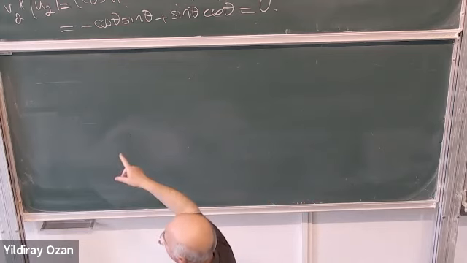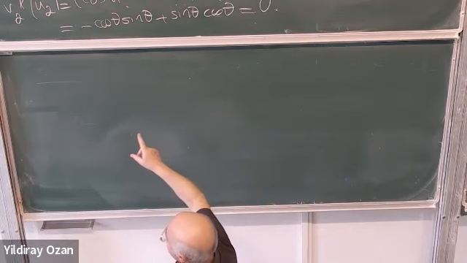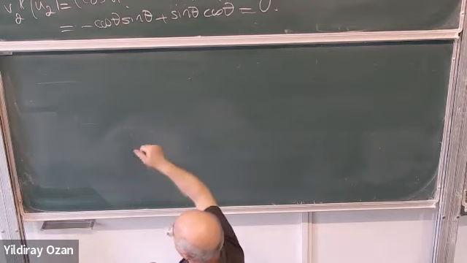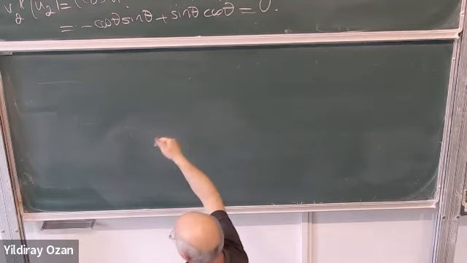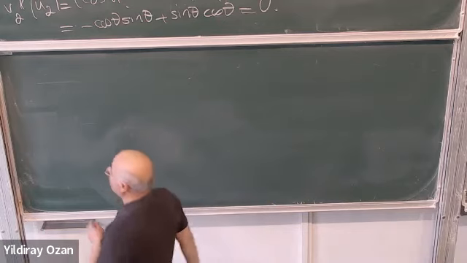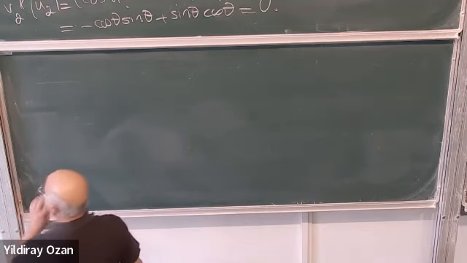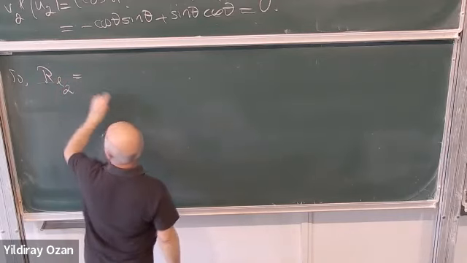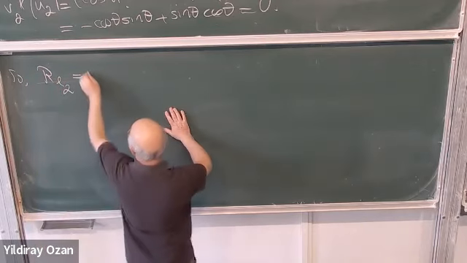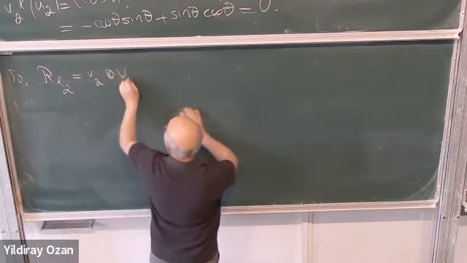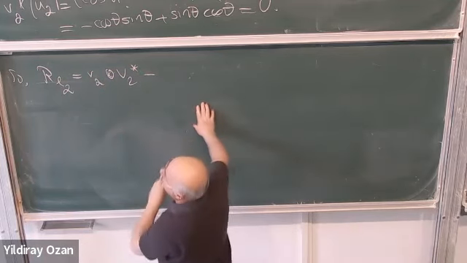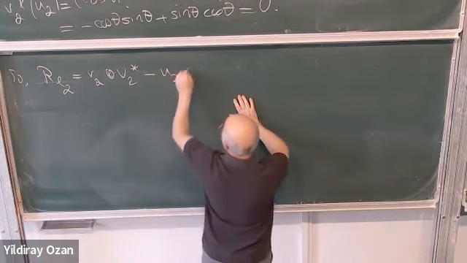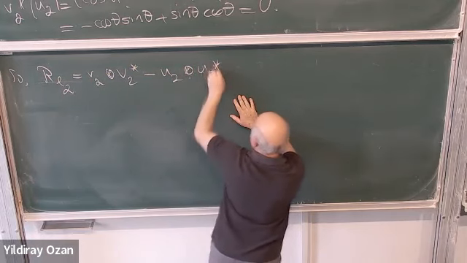Okay. So we wrote U2, V2, V2 star, U2 star in terms of the V1, U1, and so on. So our L2 can be written like this. It was, let me write, V2, V2 star minus U2, U2 star.